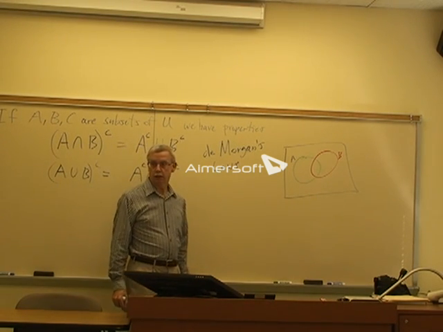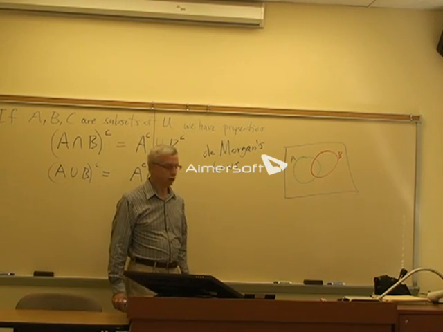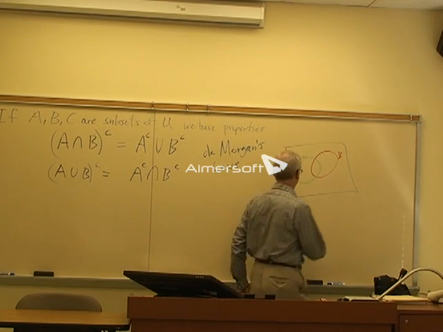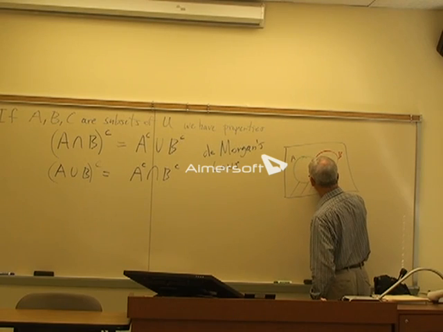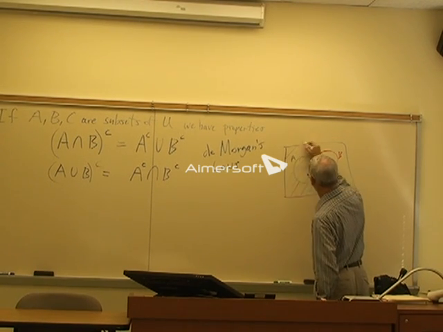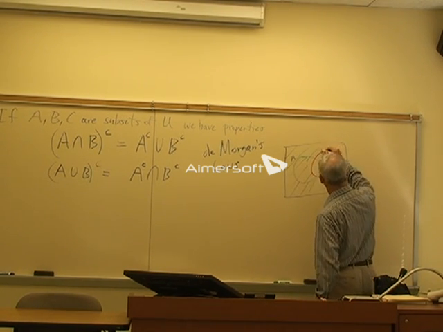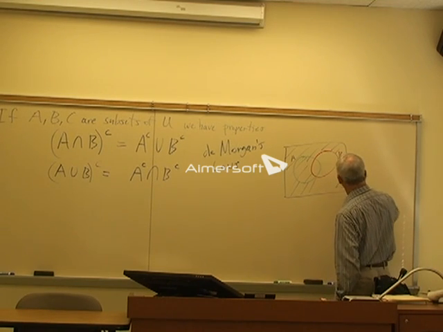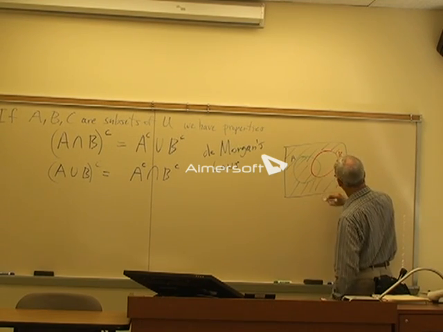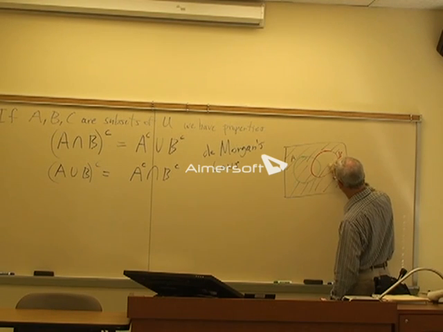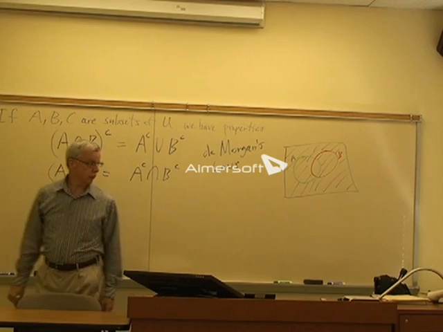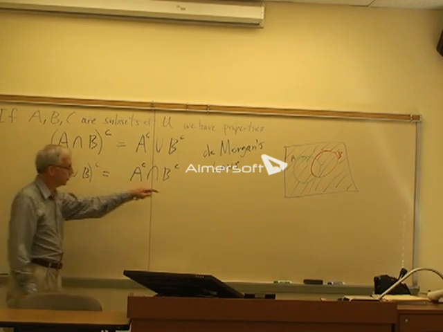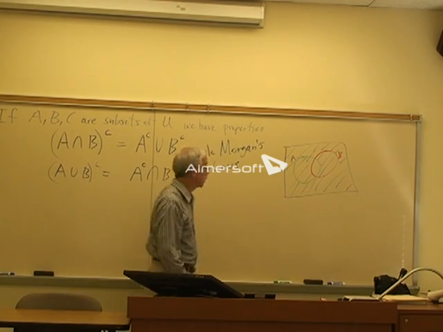Well, where's A intersect B? It's the little part in the middle, right? So its complement is everything else. So the complement of A intersect B is everything except that little piece.